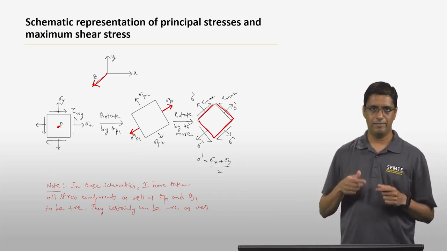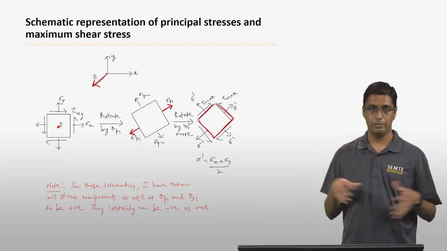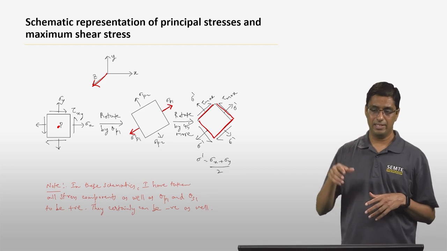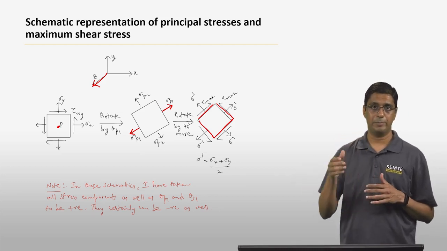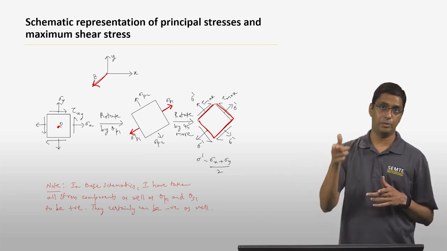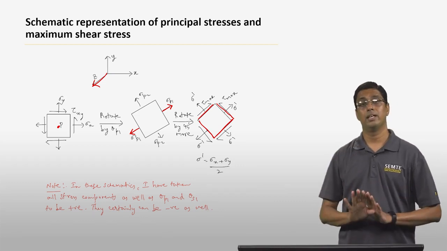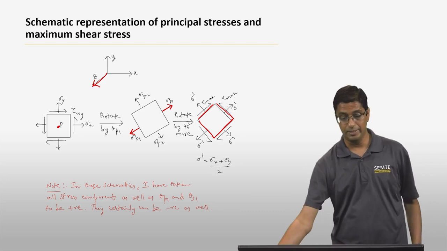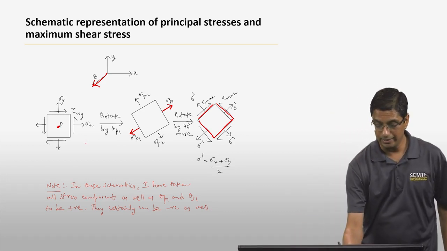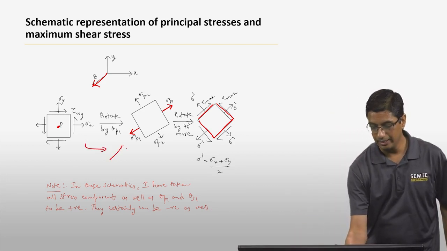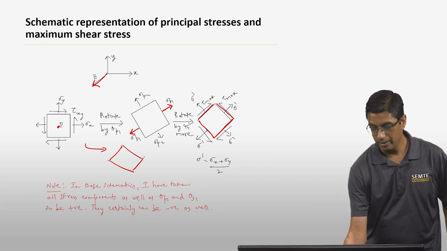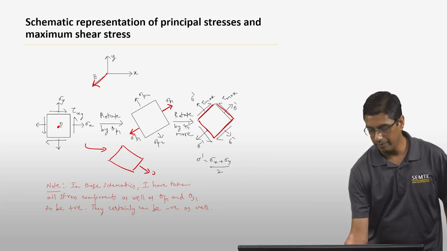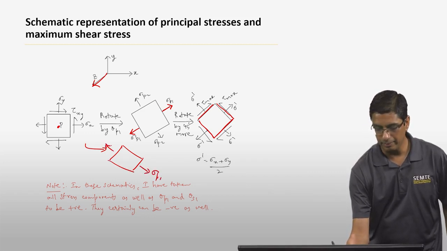Another final point that I want to make is that in all these cases, I have drawn them in such a way that the rotations are positive. So essentially, I am rotating in a positive direction, or counterclockwise direction about the z-axis. Of course, they can be in the negative direction. So instead of starting with a figure like this, you can go to a figure like that, where this is going to be your sigma p1, and that is sigma p2.